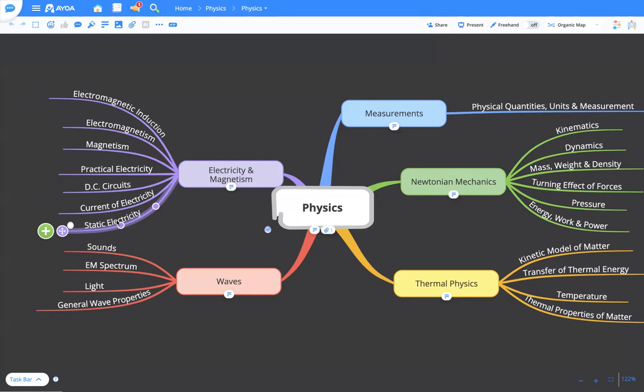For the next few weeks, we'll be studying the current of electricity. When charges actually move, you bring about this thing called current. So when charges move, you have current.